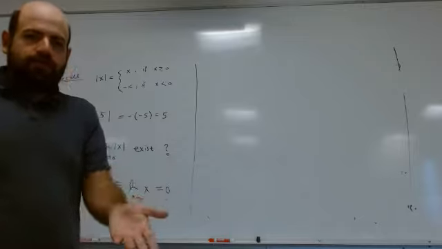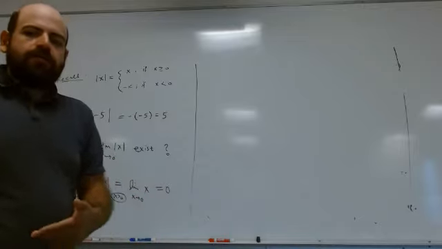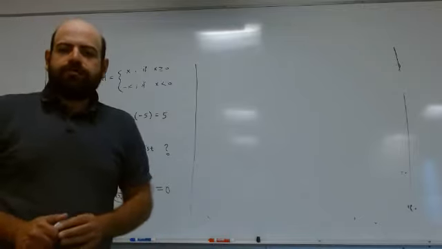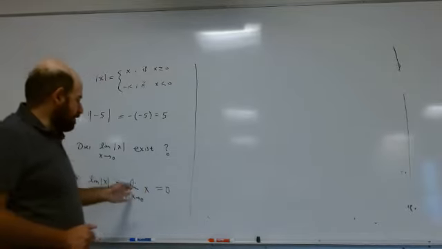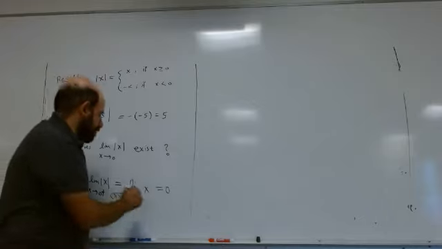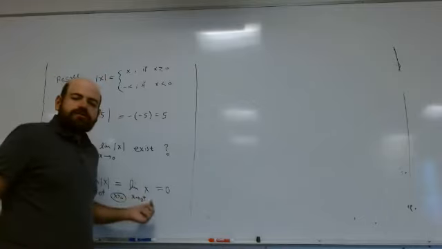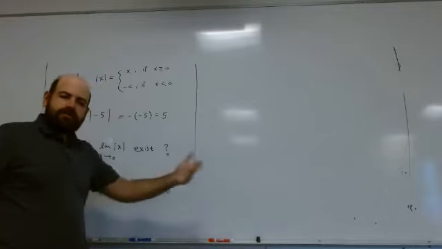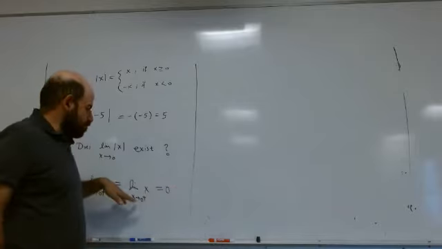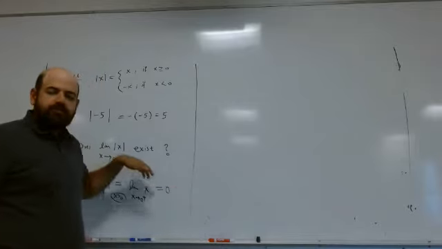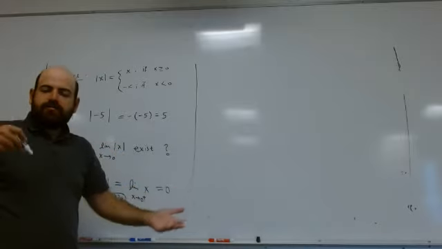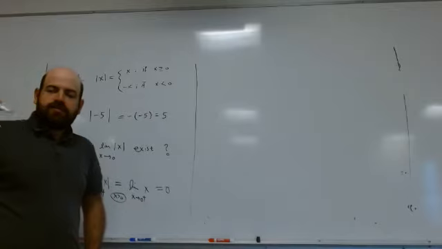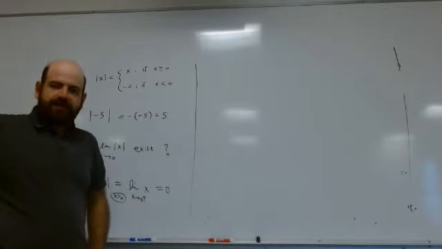Or if you don't want to use this theorem, you can also use the approach that we did in the first half of the class. To calculate the limit, we said x approaches 0 from the right, so 0 from the right means like 0.1, then 0.01, 0.001. Use those x values, look at the outputs, and see how the output behaves. Is it getting closer and closer to some fixed L value?